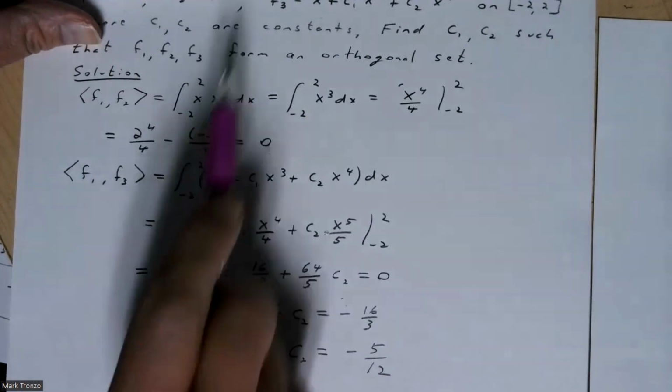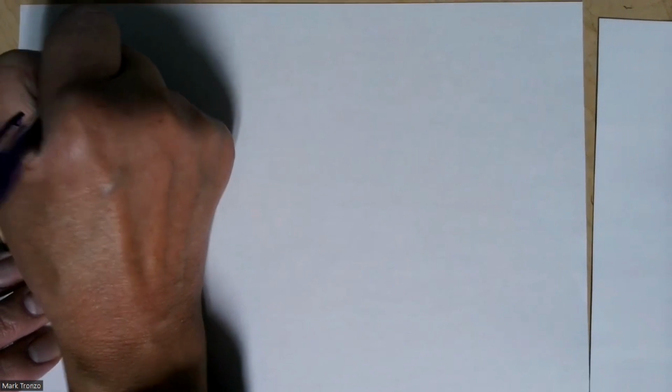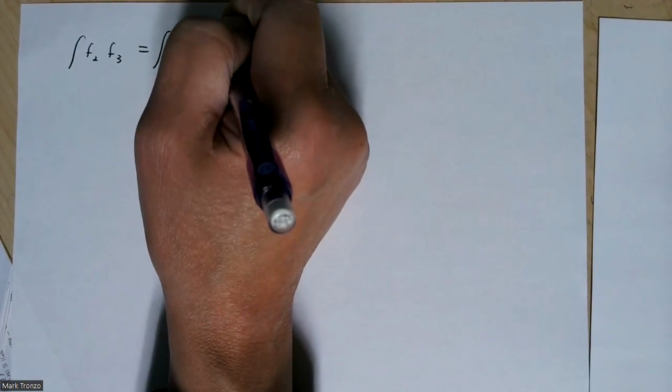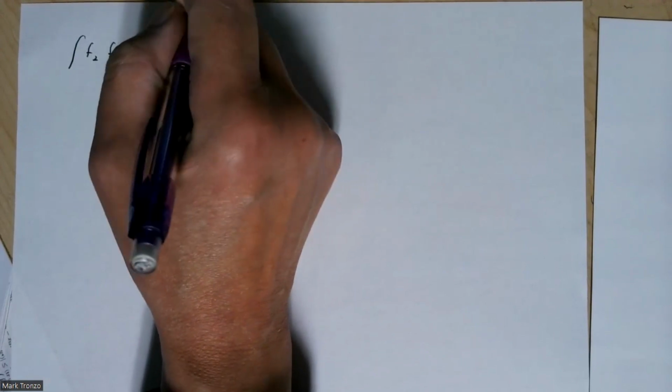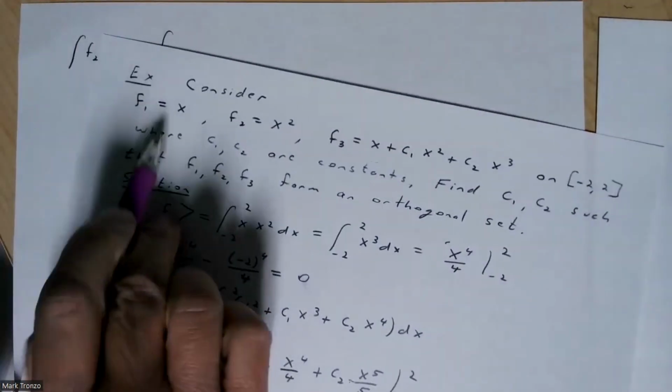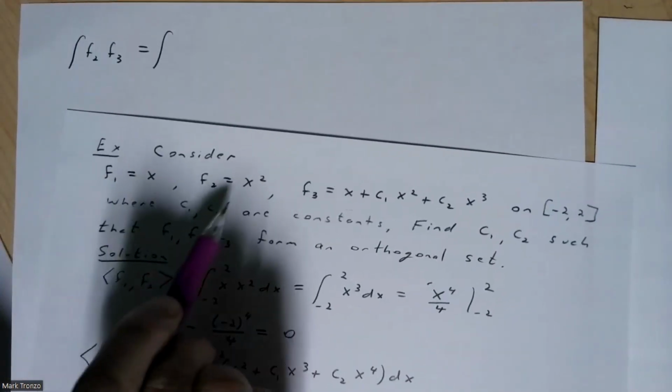And so finally, let's check the last pair over here. F2, F3. Once again, I'm just going to put them in directly. So I'm going to just multiply this times this.